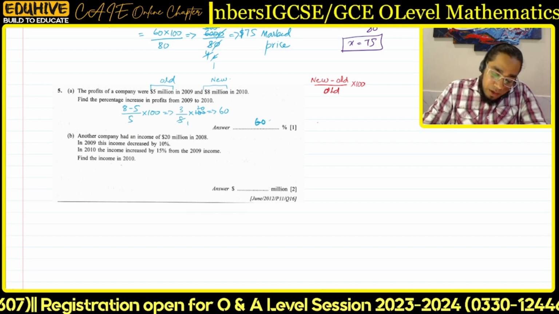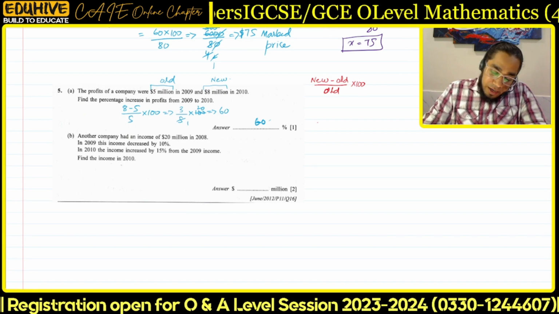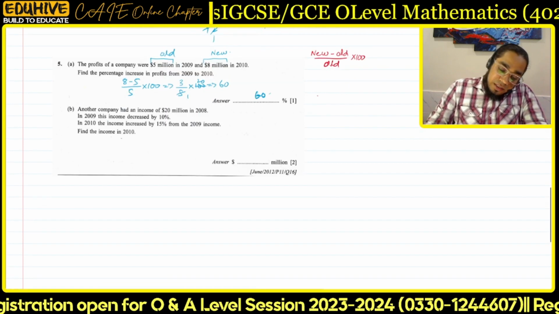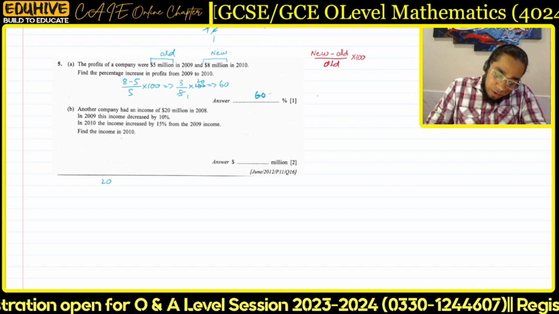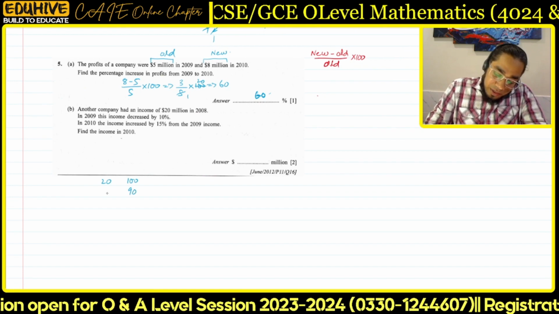Okay. In part B, another company had an income of 20 million in 2008. In 2009, this income was decreased by 10%. So I can say that 20 was 100% complete, and I'm going to decrease the income, that was 90%.